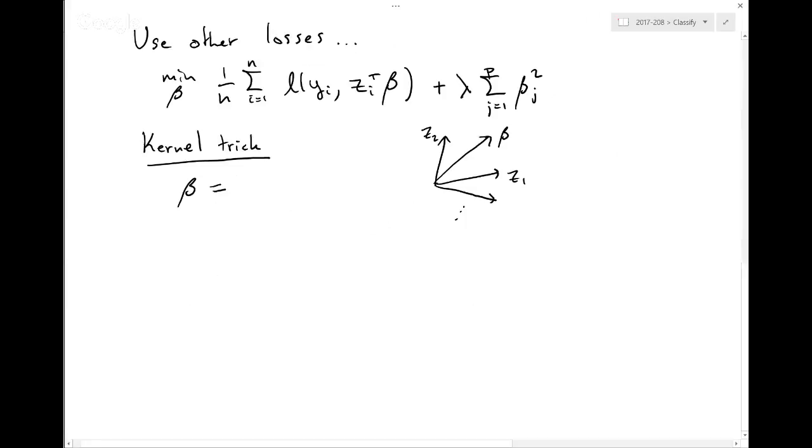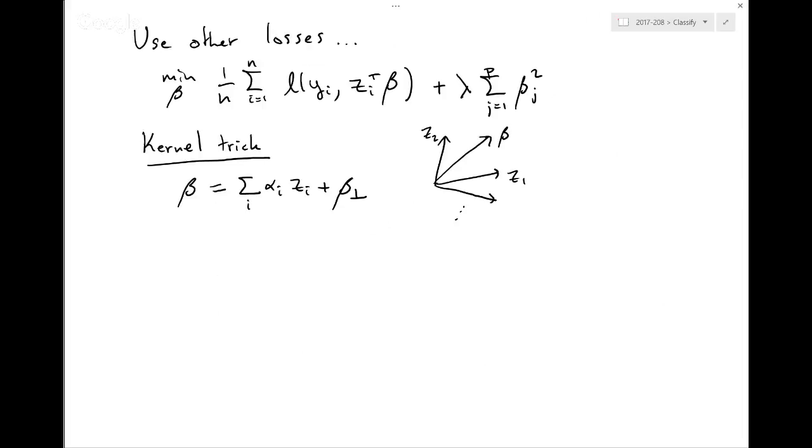We could think of beta as having some part of itself which is a linear combination of the zi's, because they're all vectors in p dimensions. So I'm going to write beta as a sum over i of alpha i zi, plus some other term, which I'm going to call beta with this perpendicular sign, the upside down t.